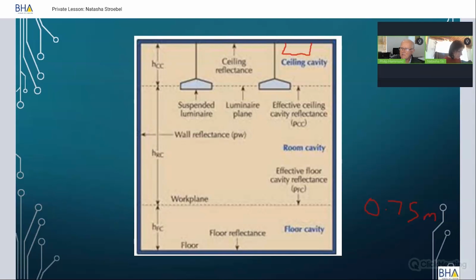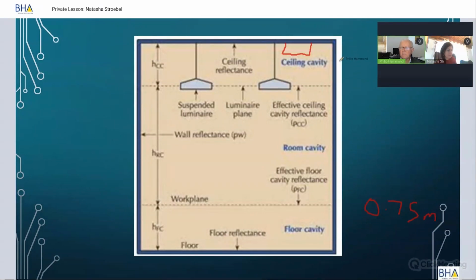And what's the height? I don't know where to go to find your height. You go to the website. If we're looking in this information, you won't find the height on the photometric data. It won't give it to you because the height's a variable.